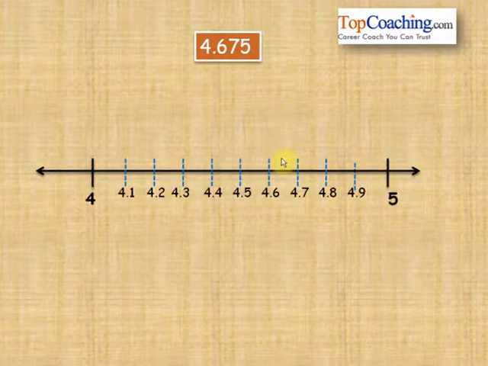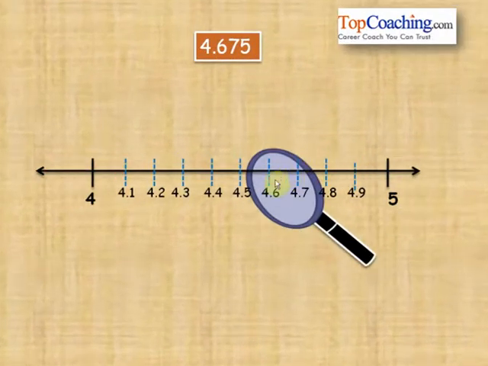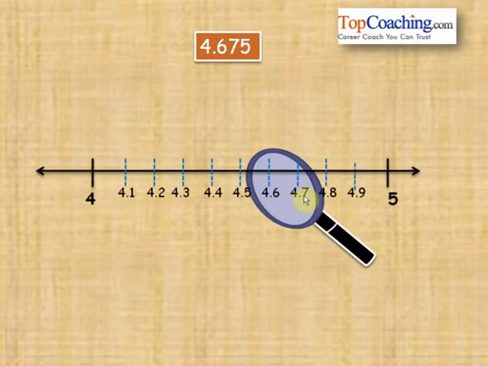Now this number 4.675 would of course lie between 4.6 and 4.7, because this number is greater than 4.6 and this number is less than 4.7. So now we are interested in this space.